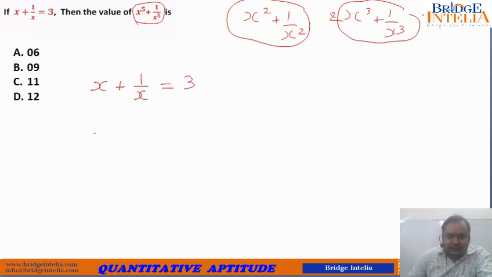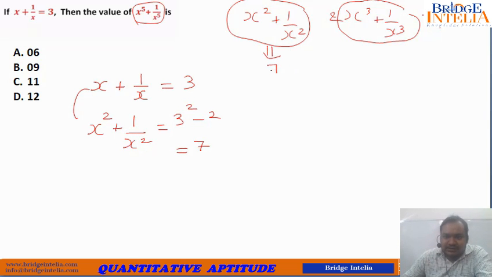So, transition shortcut: x square plus 1 by x square is equal to 3 square minus 2, which is equal to 7. So this is equal to 7. Now let's calculate this as well.